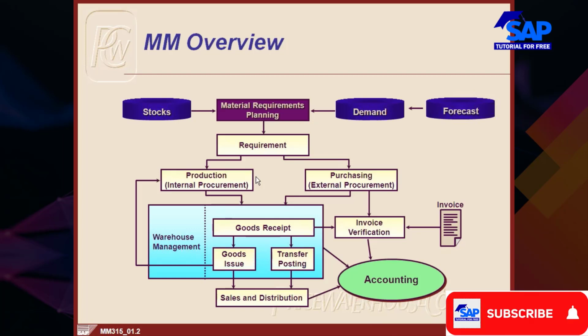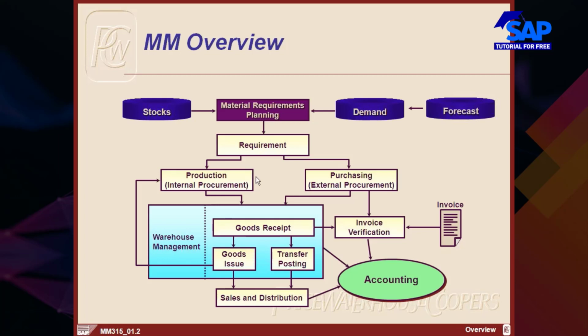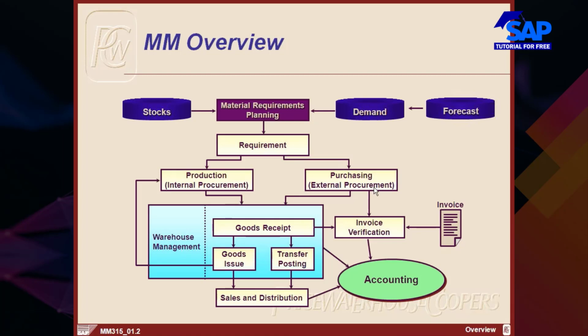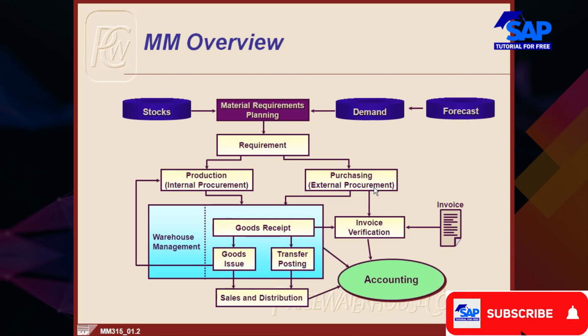The planned order will be converted into a production order if you want to produce in-house, or if you want to procure it from external market sources, it will be converted into a purchase order, and then the process is the same as the external procurement cycle. So if it is an in-house production material, let the product be produced or manufactured. Once it is done, anyhow you have to bring it into the finished goods stores.